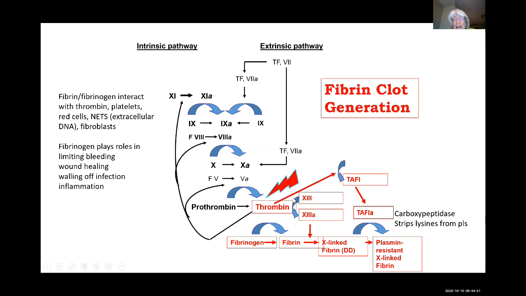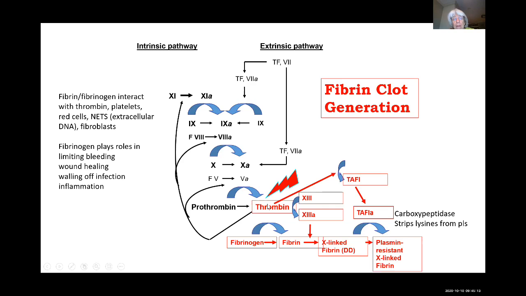It activates another protein called TAFI, which is a thrombin activatable fibrinolytic inhibitor. Fibrinolysis is the dissolving of the clot, and thrombin activates a carboxypeptidase enzyme, which makes the clot more resistant to breaking down. So the enzyme plasmin that breaks it down is slowed down.